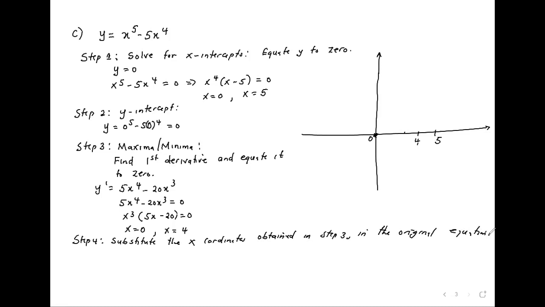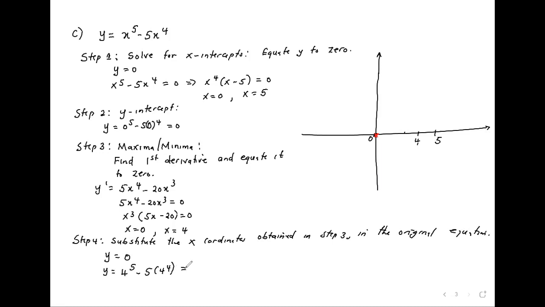So we substitute: when x is 0, we get 0. So that is the turning point here. When x is 4, we get 4 to the power 5 minus 5 times 4 power 4.